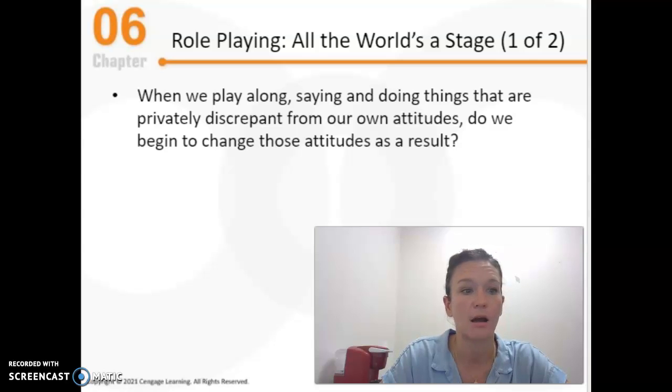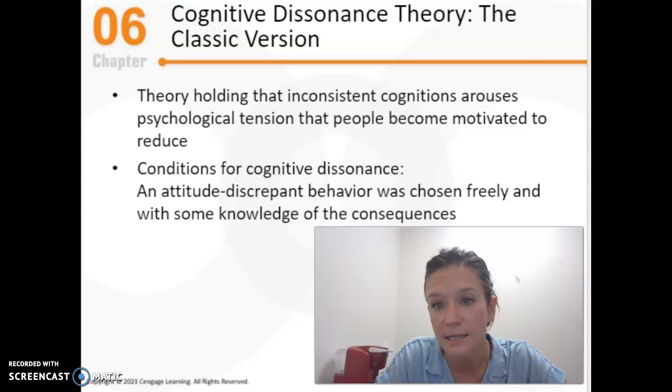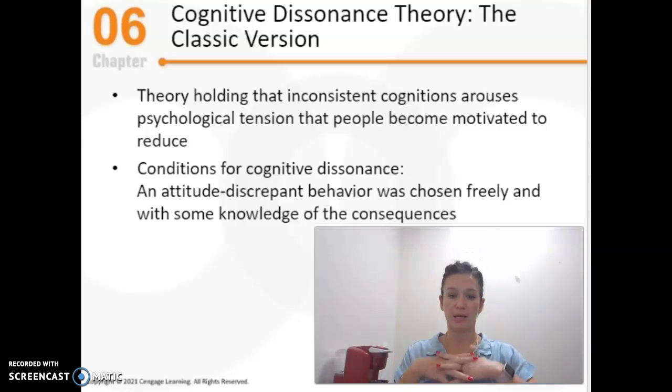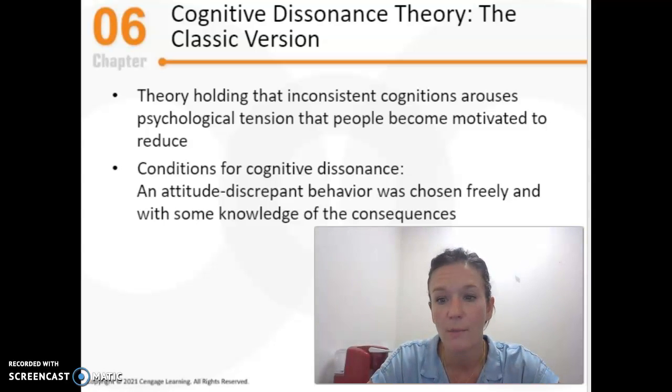Lastly is cognitive dissonance theory, which basically states that we like to be in equilibrium. We like our thoughts and our feelings to match up with our behaviors. If our thoughts and our feelings do not match up, we will either change our thoughts by saying, oh, that's not actually so bad for me, or by changing our behaviors.